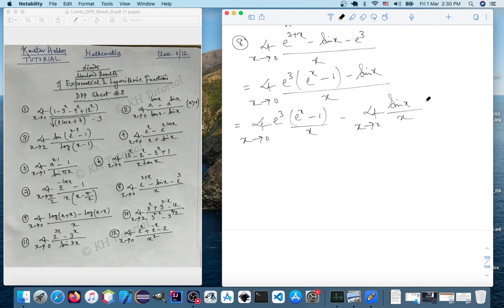Now we can put the standard result, and the answer is e to the power 3 minus 1.